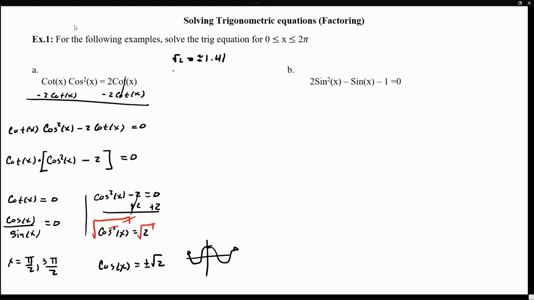So the highest value that I can get is 1, and the lowest value that I can get is negative 1. But we're looking for an output that is 1.41, which is even beyond what the function can reach. So for this function, there is no solution.